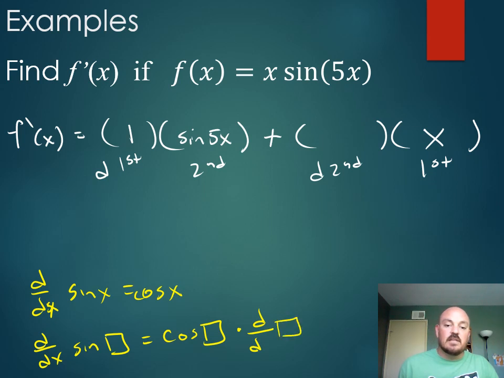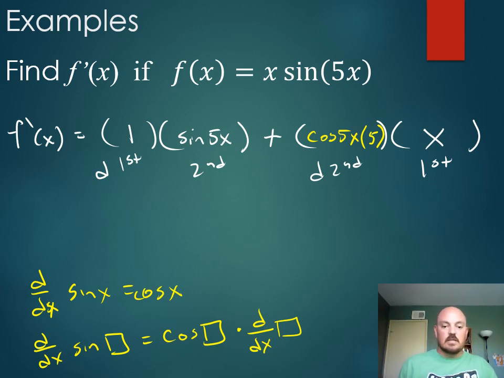I have to multiply by the derivative of whatever that thing was. So what I'm going to get, the derivative of sine is cosine, so I'm going to have cosine of 5x, but the chain rule says I need to multiply by the derivative of 5x, which is 5.